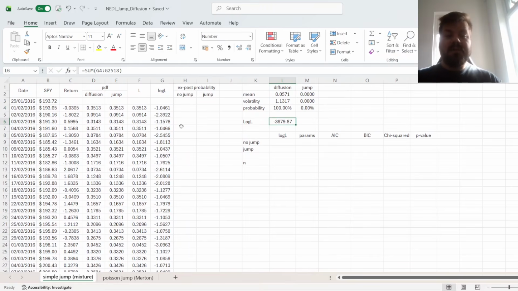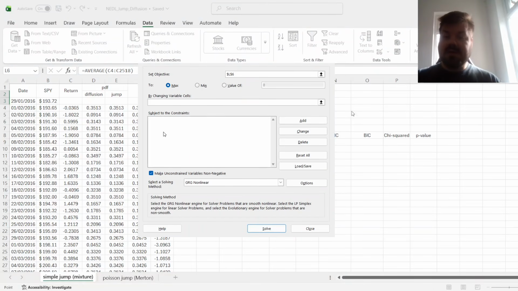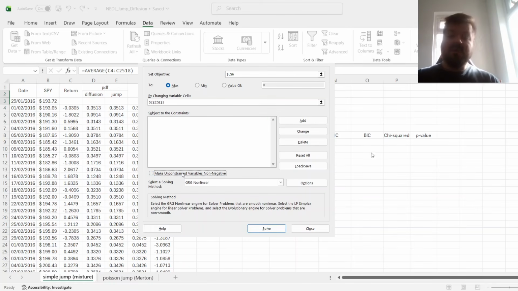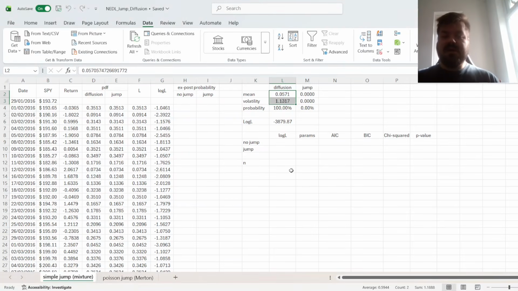Again, because of how the normal distribution corresponds with maximum likelihood, we know that this is the maximum likelihood estimation result with no jumps. However, we could run Solver and verify it. So maximize log likelihood by changing the mean and volatility of the diffusion process without making unconstrained variables non-negative. And we see that indeed, with the mean equal to the average and the volatility equal to population standard deviation, we get the maximum likelihood estimate of the diffusion process.